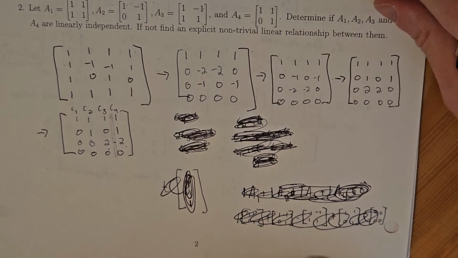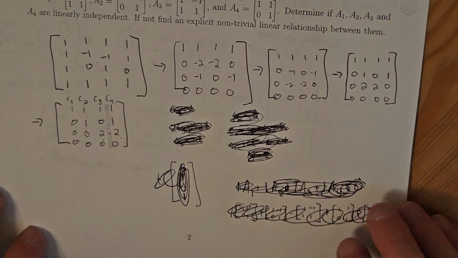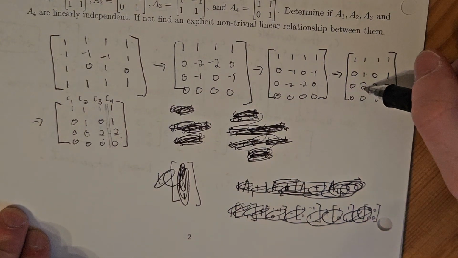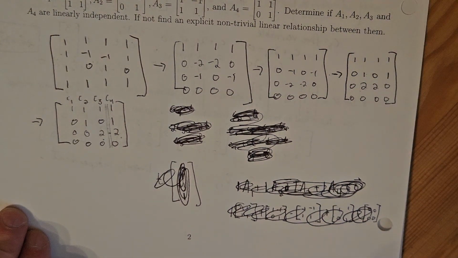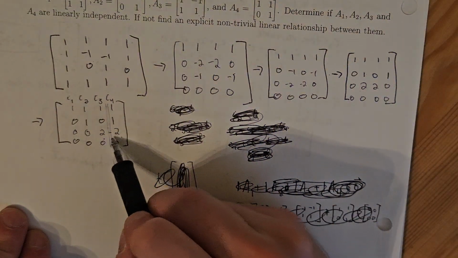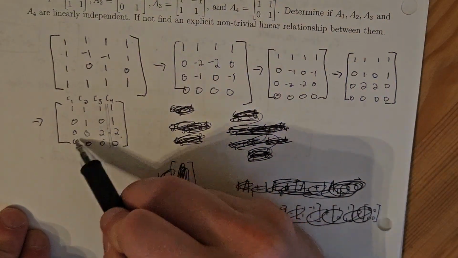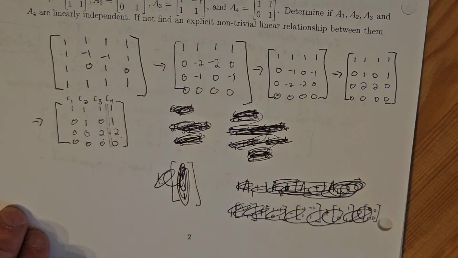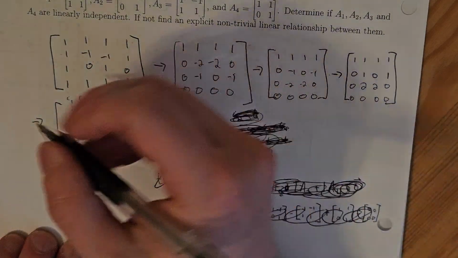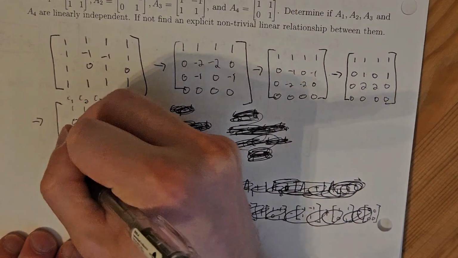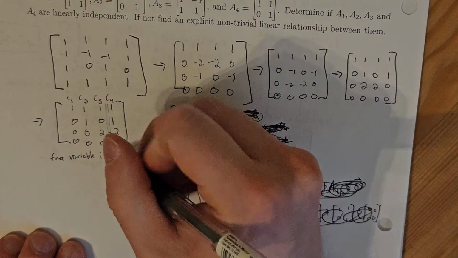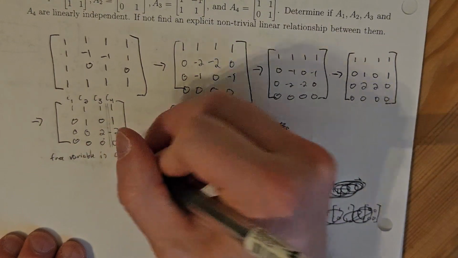And then finally, my last step there was to take row 3 and subtract off 2 row 2s, and we get this system here. Or we get it reduced down to that. Now what does this tell us? Well, this tells us our free variable is C4.